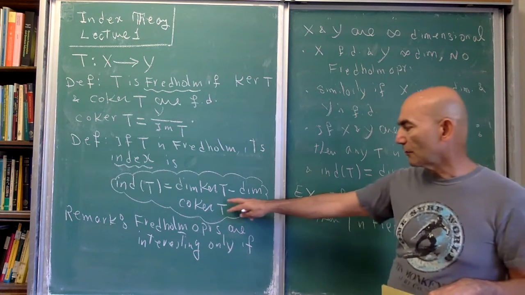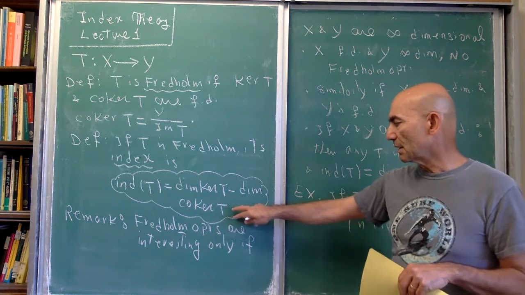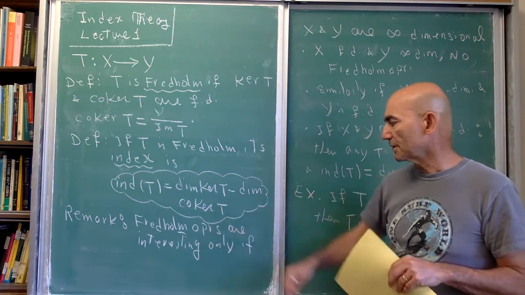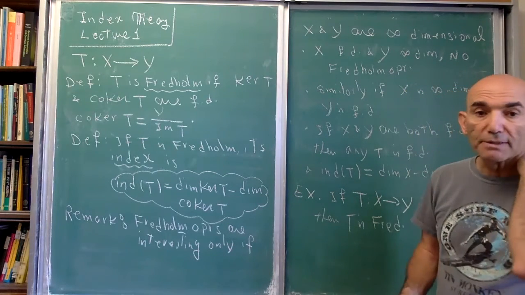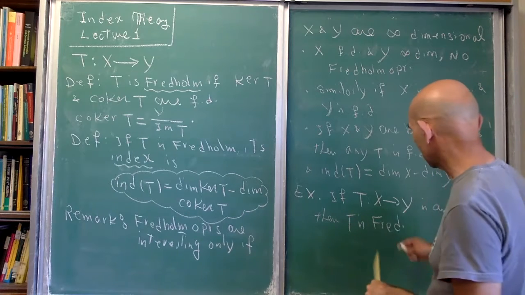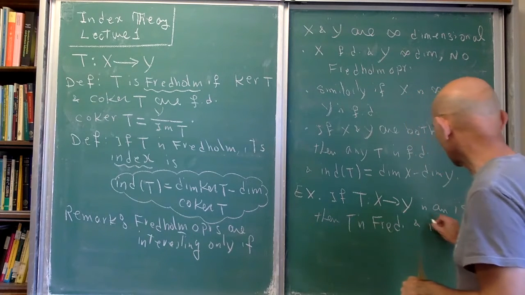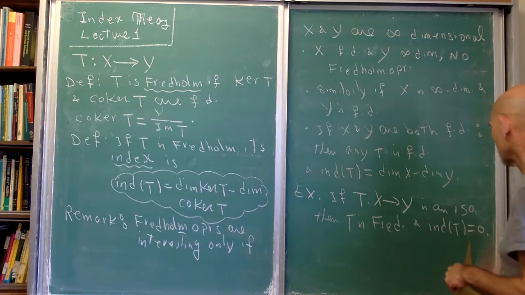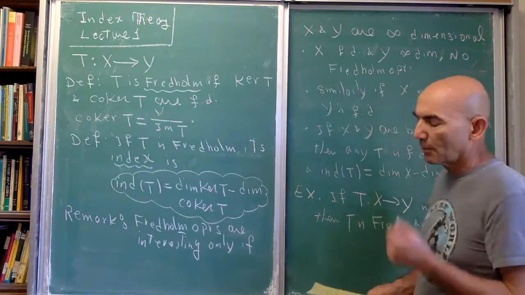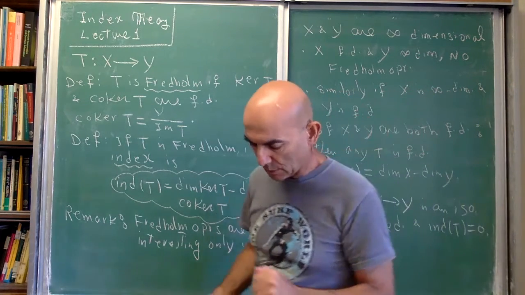Well, I mean, the kernel of T is 0, and T is surjective. The co-kernel of T is also 0, and its index is 0 minus 0, which is 0. So just say the index of T is equal to 0. So invertible operators are certainly Fredholm.